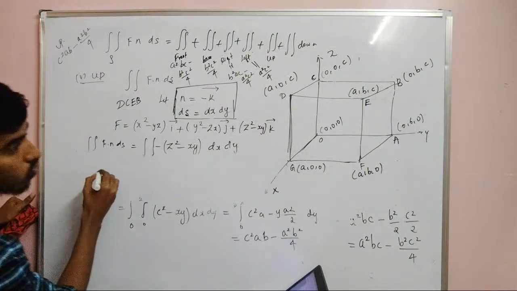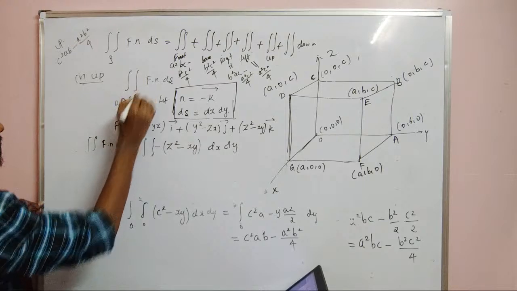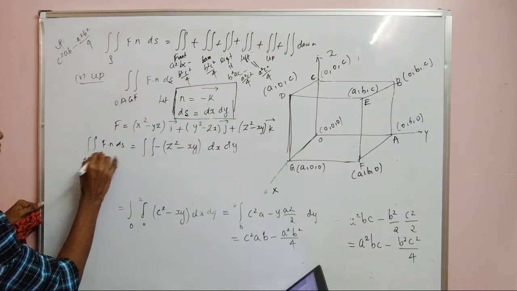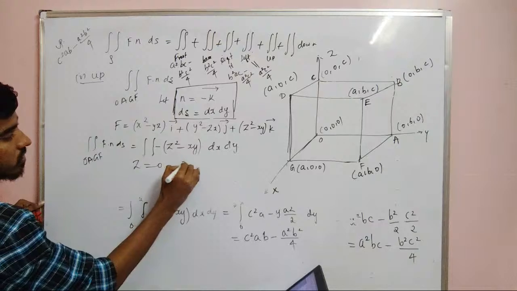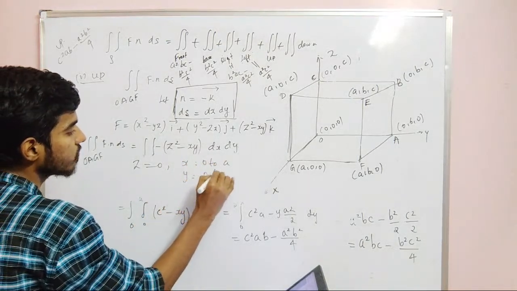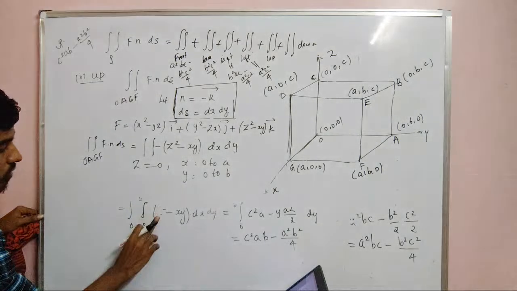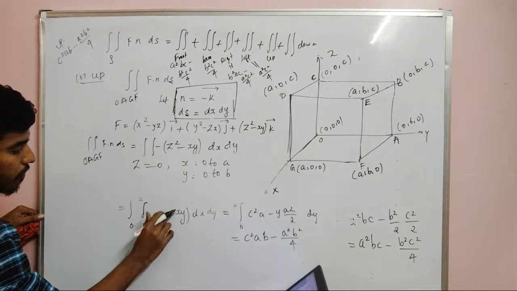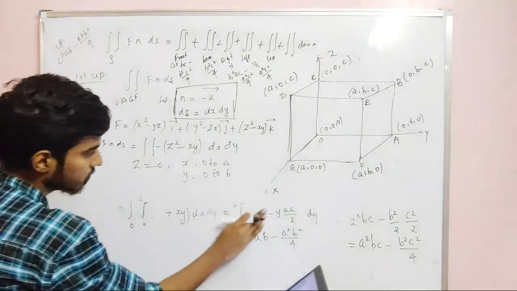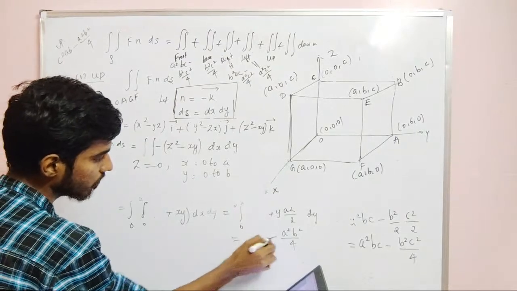So for down OAGF, in OAGF z is equal to 0, x varies from 0 to a, y varies from 0 to b. So here we don't have these values and this will be plus.